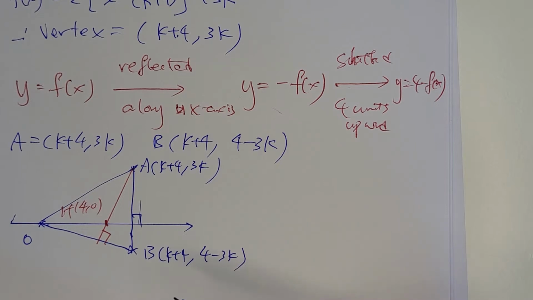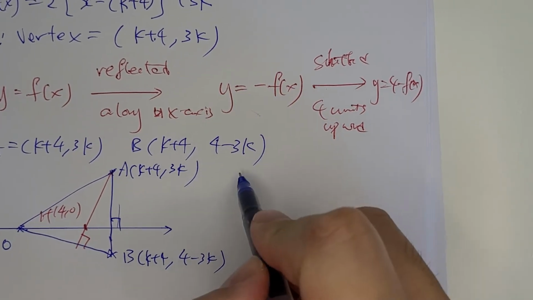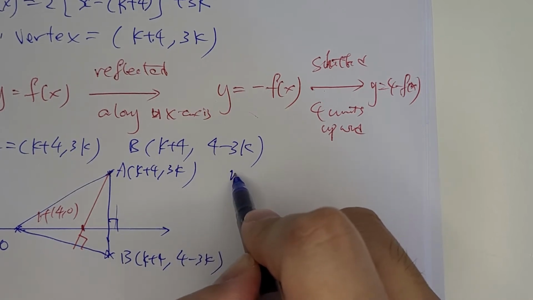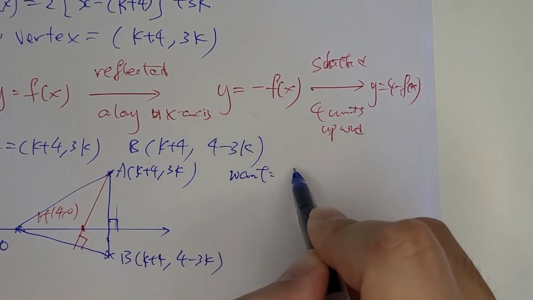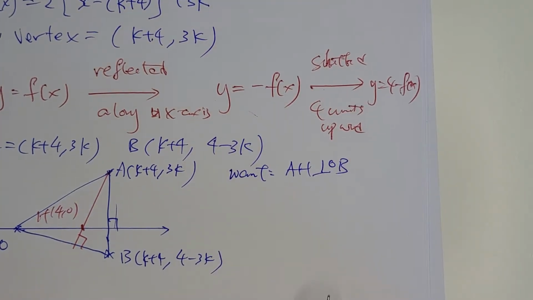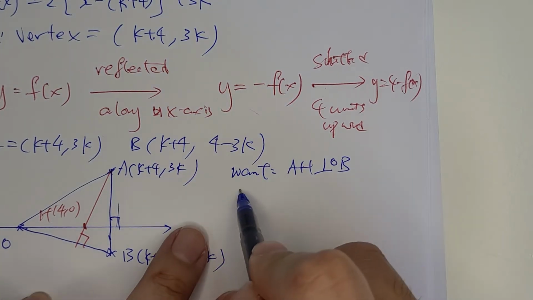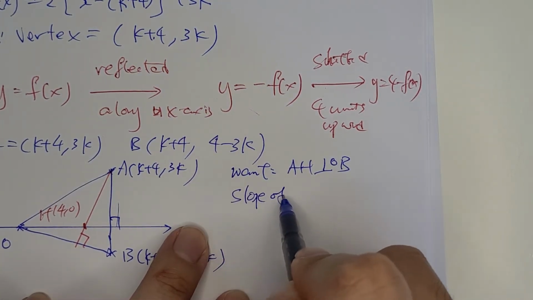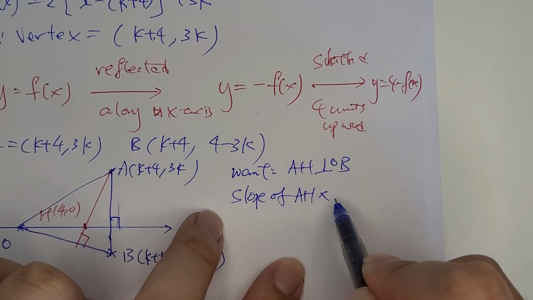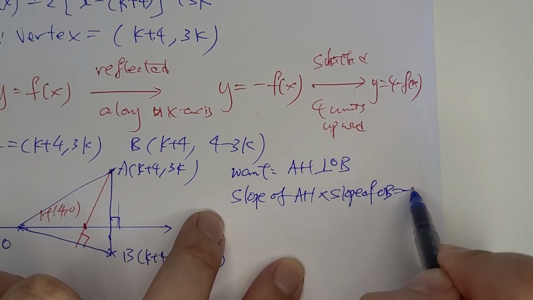Does there exist a value of k to satisfy this? So, once AH is perpendicular to OB, in a coordinate plane, if you want 2 straight lines perpendicular to each other, that means you want slope of AH times slope of OB equals -1.